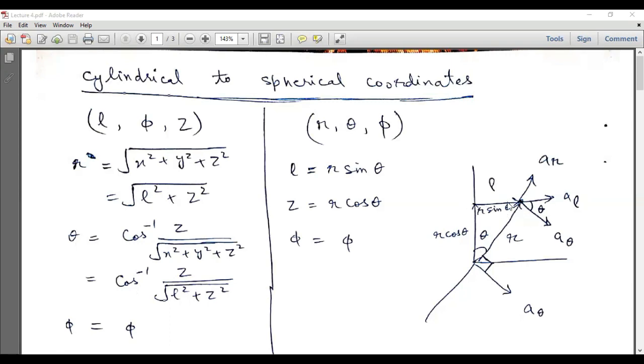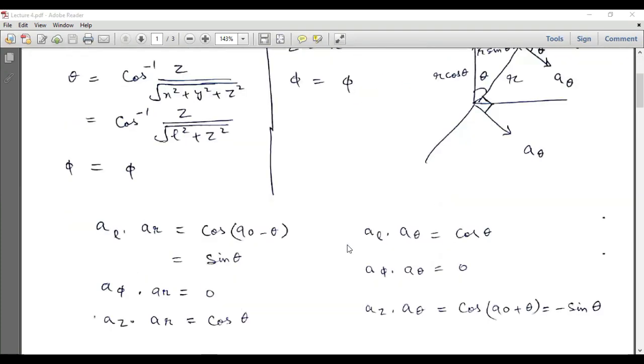So from here we can transform r into two components, r cos theta and r sin theta. So from here rho is equal to r sin theta. So this is one transformation. Similarly z is equal to r cos theta. This is the second transformation, and phi is equal to phi. So this is the transformation of spherical variables to rho, z, and phi.